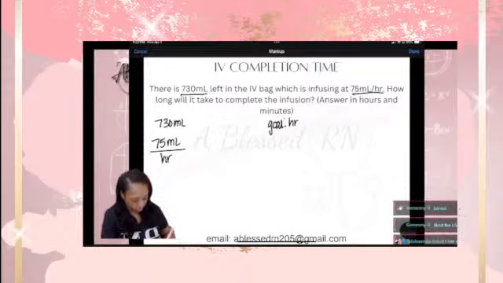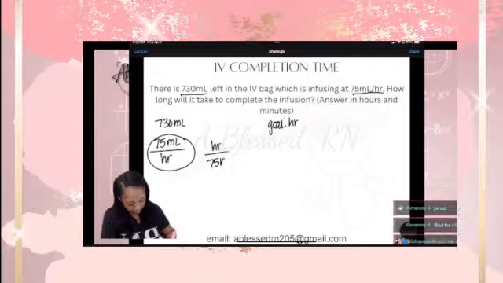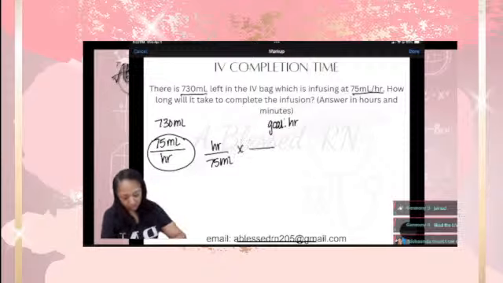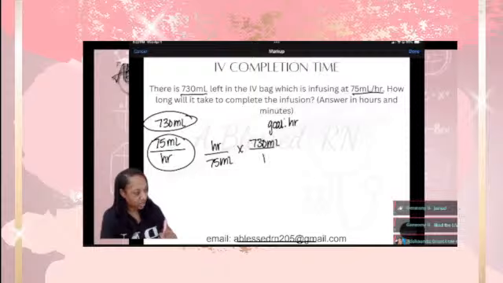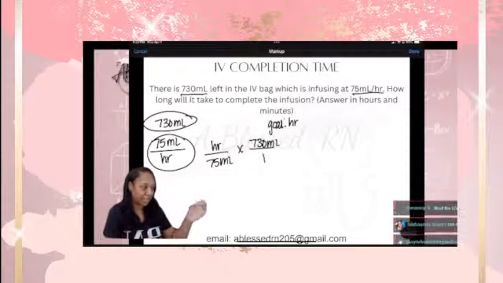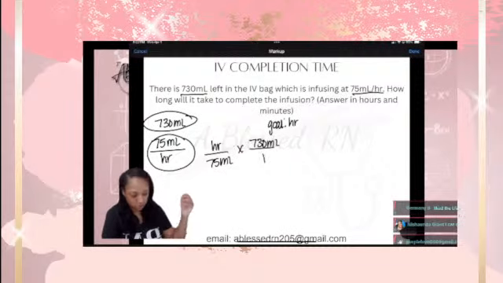So since we are looking for hours, I'm going to put my hours over my 75 milliliters. Okay, so then we have milliliters at the bottom, so we need milliliters at the top. So 730 milliliters over 1, because this puzzle piece or relationship is not in conjunction with anything else. It's just by itself, so you put it over 1. That's how we know what to put.